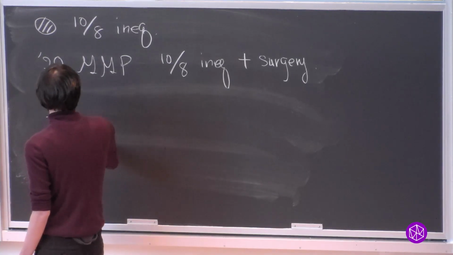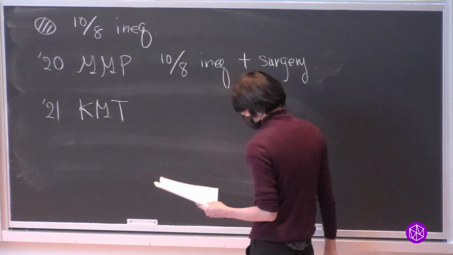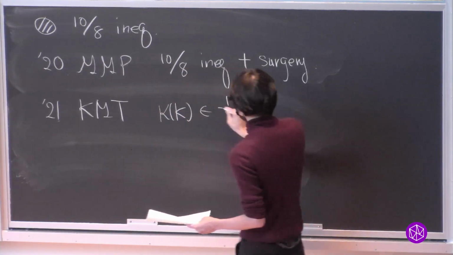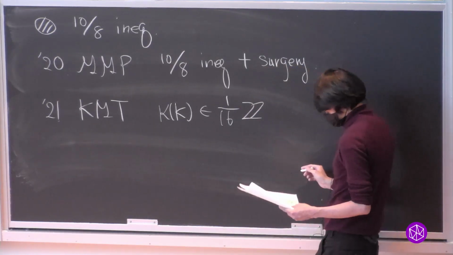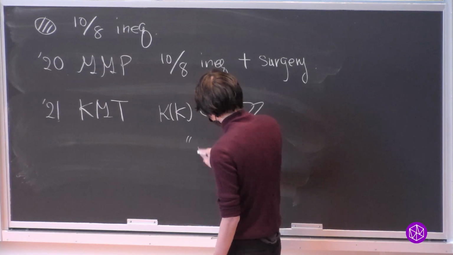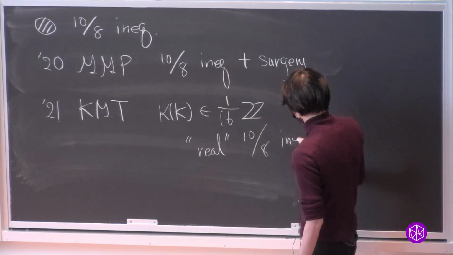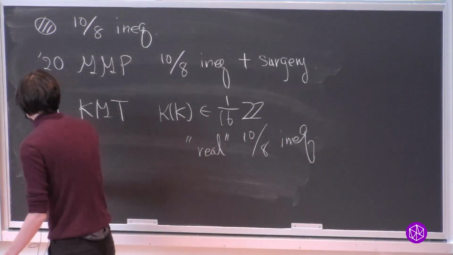And the main topic today is this: we provide a new knot concordance invariant, taking values in 1/16 Z, with a real 10/8 inequality.